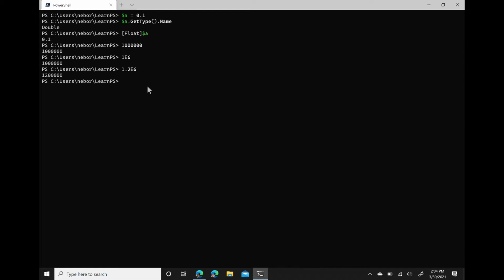And we can take this number and use the format specifiers like we've used before, and say I want to use scientific notation, and I'm going to format this string. This is the format string, and this is a placeholder in the format string, and the 0 refers to the first argument, index 0, which I'll just say 1.2 million.